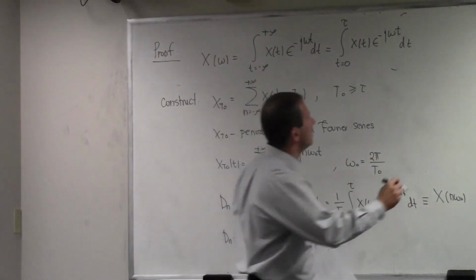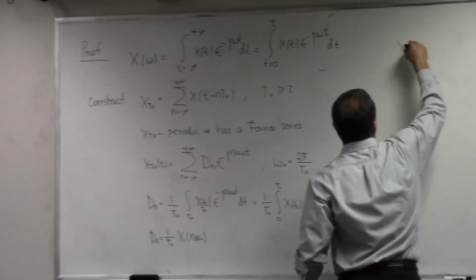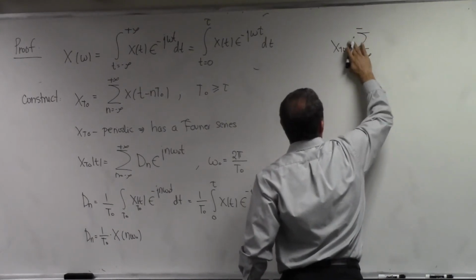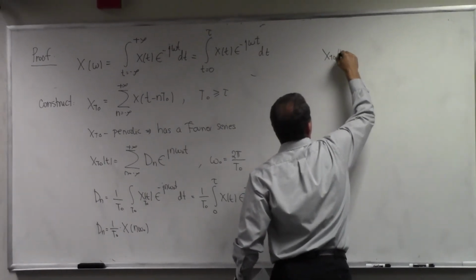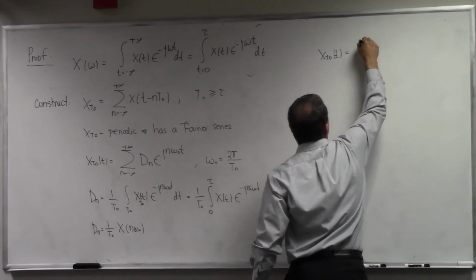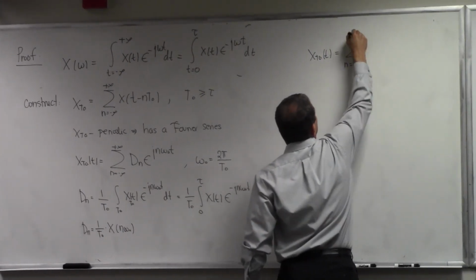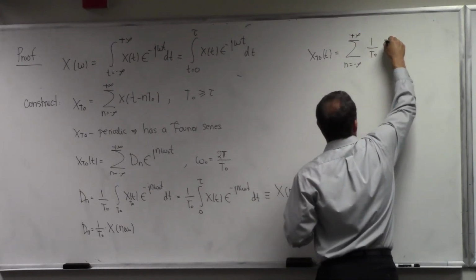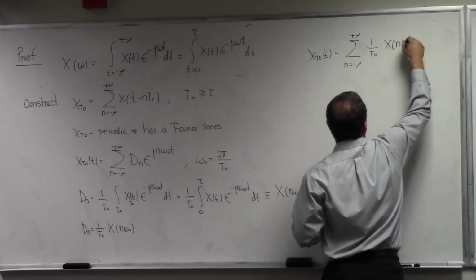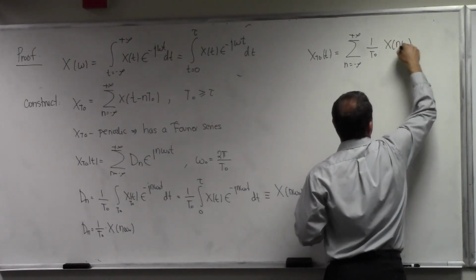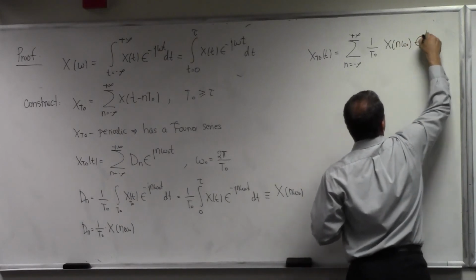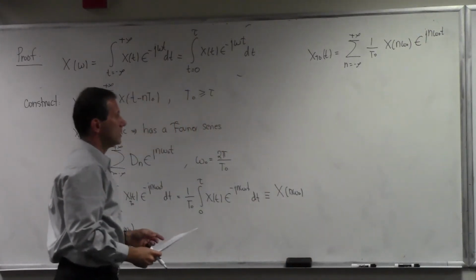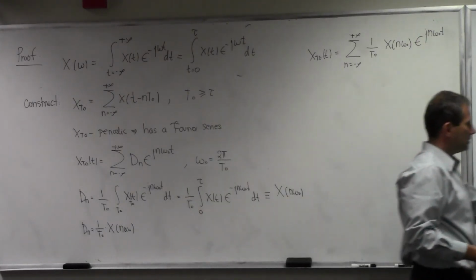And our periodic waveform, x T0 of t in the time domain, is the sum when n goes from minus infinity to plus infinity of 1 over T0 X of n omega 0, the samples of the spectrum, e to the j n omega 0 t. So that's how I can represent my periodically extended signal.